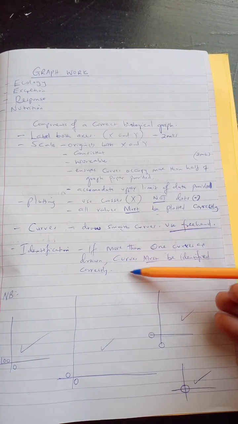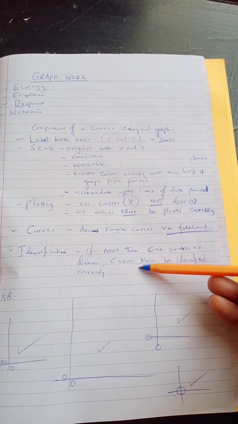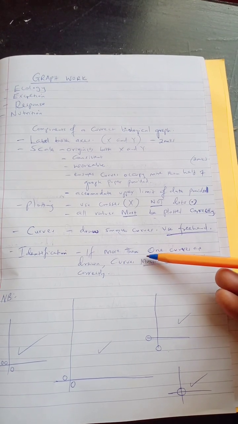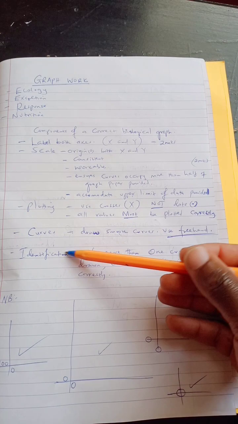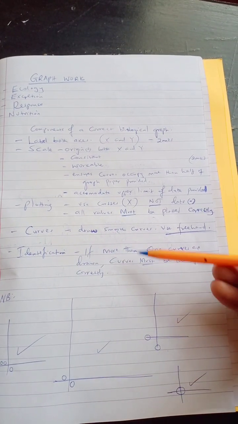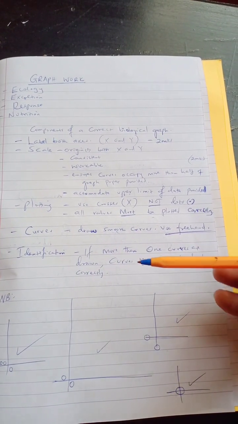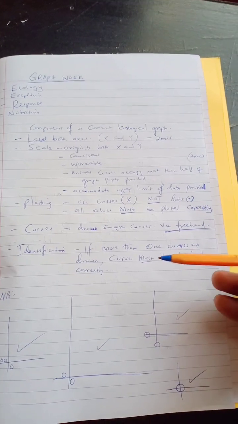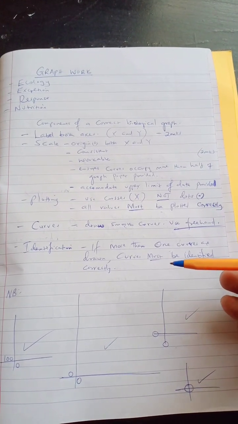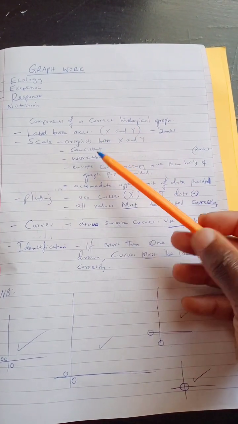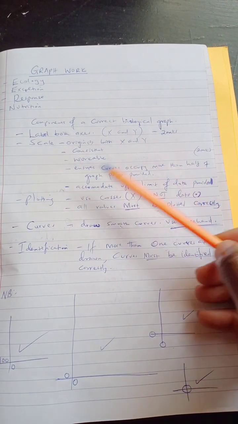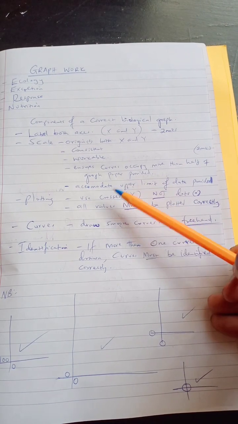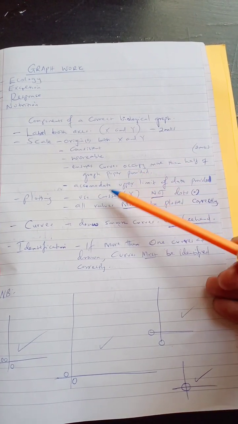Then if you have more than one curve drawn, you have to identify the curves, so that you show us which curve represents what. That is what we mean by identification. You identify the curves that you have drawn, especially if you have more than one curve, correctly. So you can see labeling of axes is 2 marks. The scale is also 2 marks, so there are 4 marks. Plotting, if you have 2 curves being drawn, you will plot for 2.